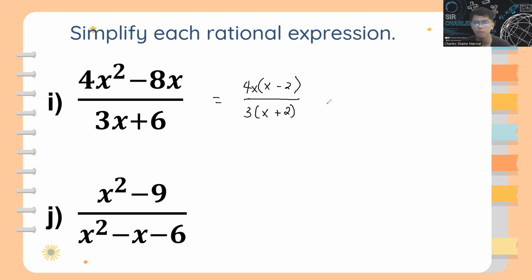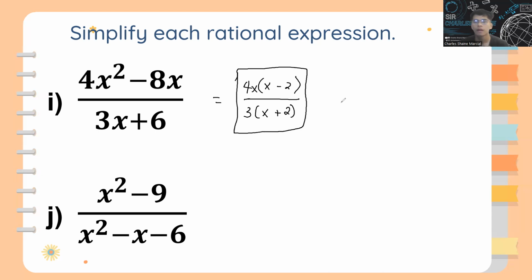What if ganyan? X minus 2 over x plus 2. So, ibig sabihin, final answer na din siya dahil hindi naman sila common factors. Okay? So, our final answer is 4x times the quantity of x minus 2 all over 3 times the quantity of x plus 2. That is the final answer.